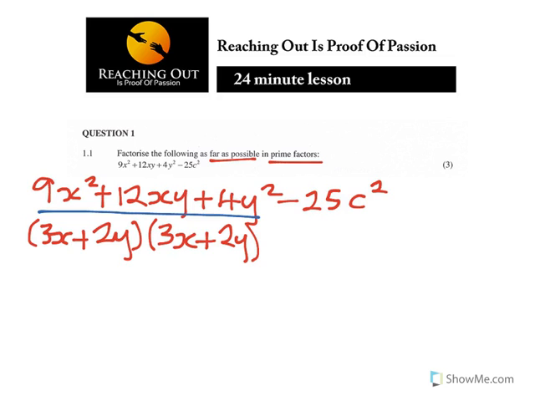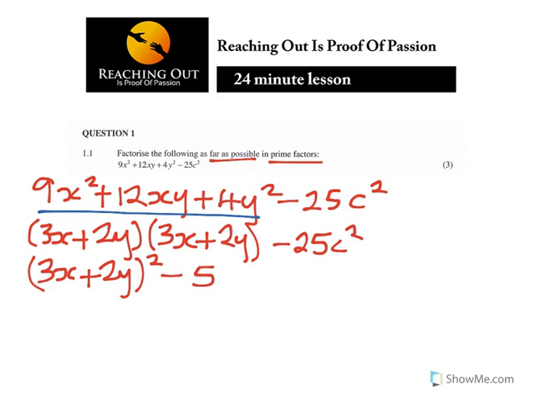So that is that. Minus 25c squared. Now you pick up that this is the same as (3x plus 2y) squared minus 25c squared, and 25c squared is the same as (5c) squared. Now this is a difference of two squares.